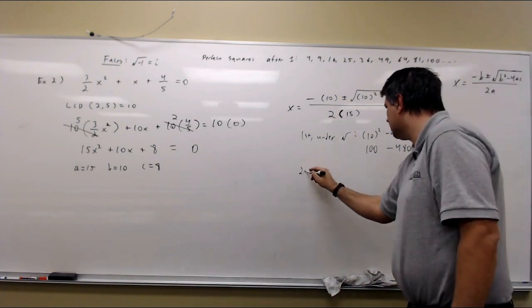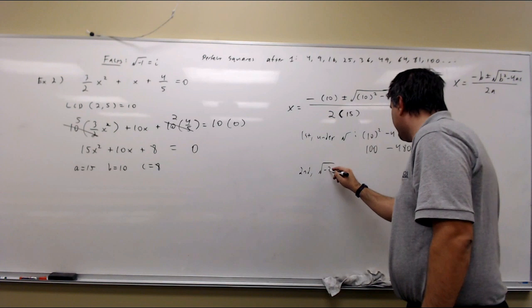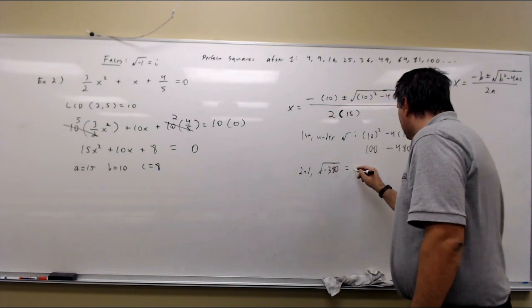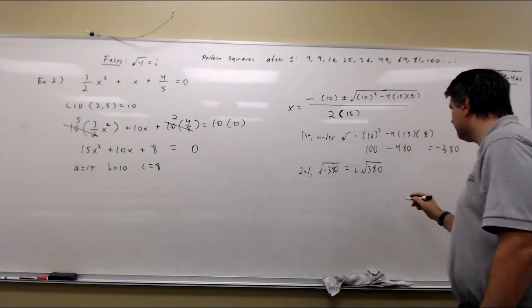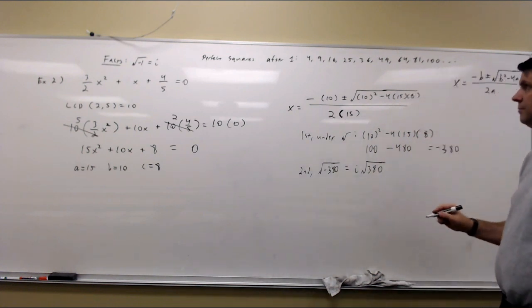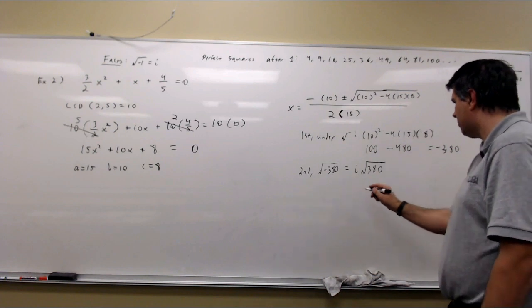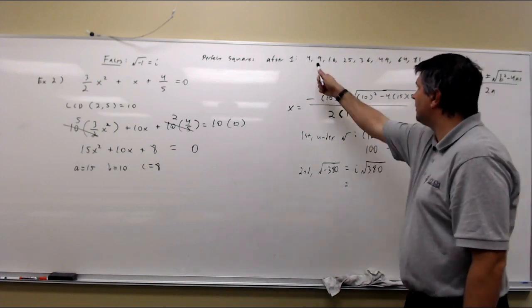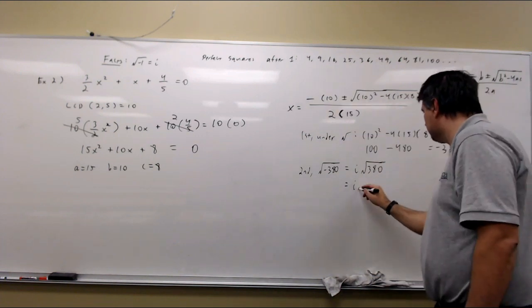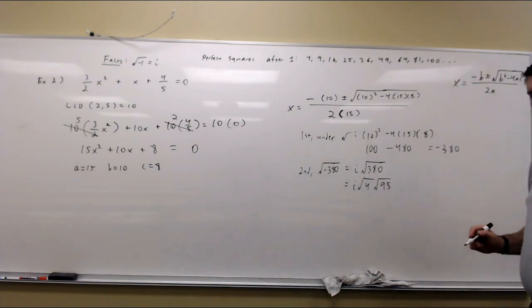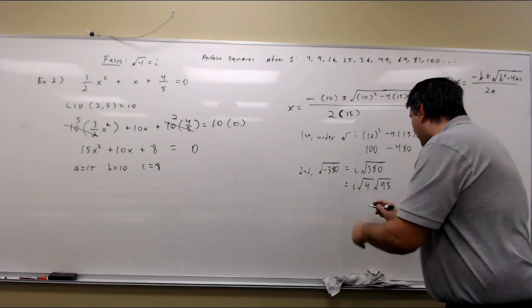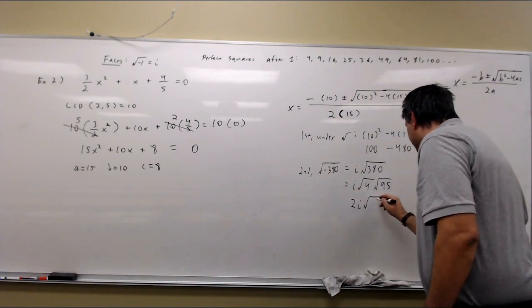Second, the square root of negative 380. I'm going to factor out the square root of negative 1 as a positive i. And 380 is divisible by the perfect square 4. So that's going to be 2 times i, square root of 95.